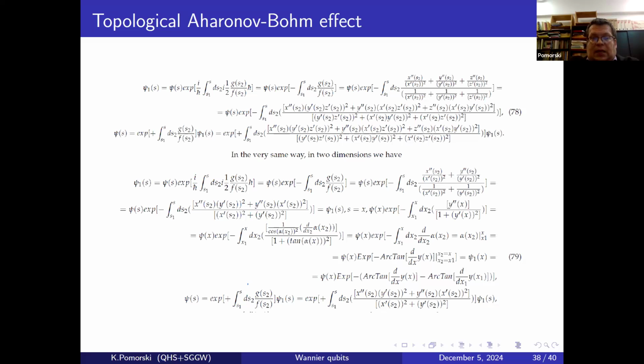What I'm saying is that I can generalize this real-valued vector potential. I can introduce an imaginary part of the vector potential, and this is due to bending. Here it is described as it is. I know that this is a little bit lengthy. The imaginary part is expressed here by this curvature.